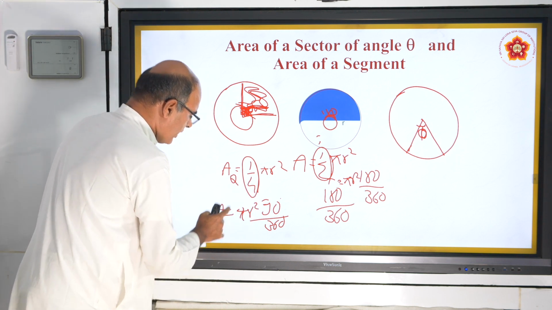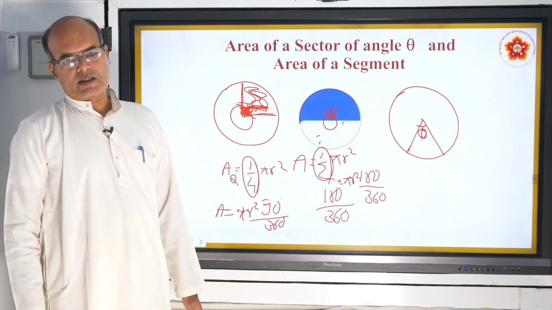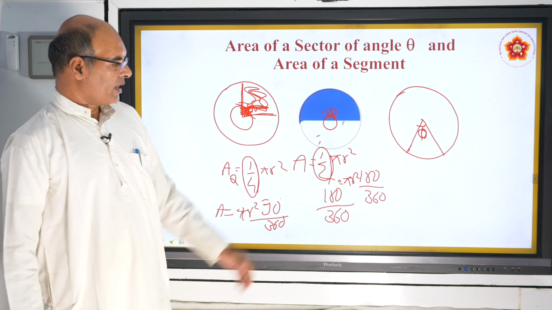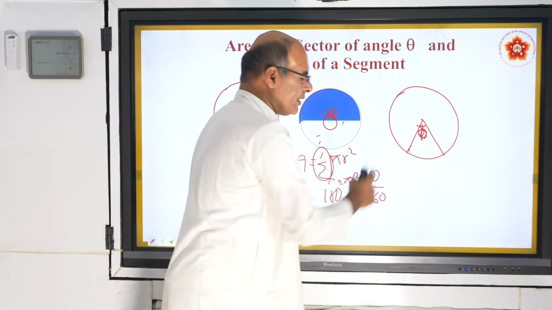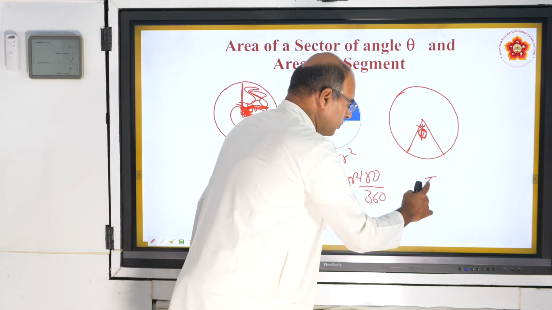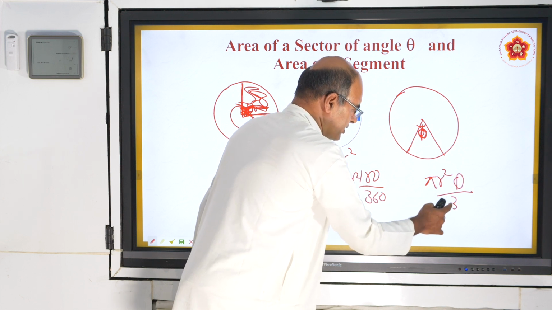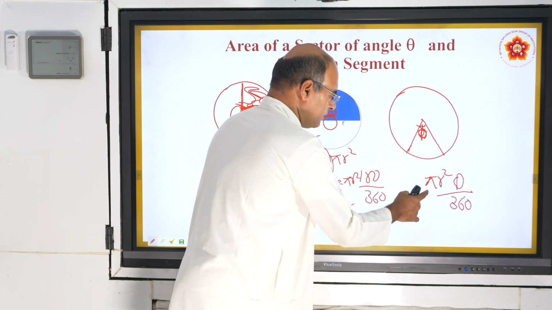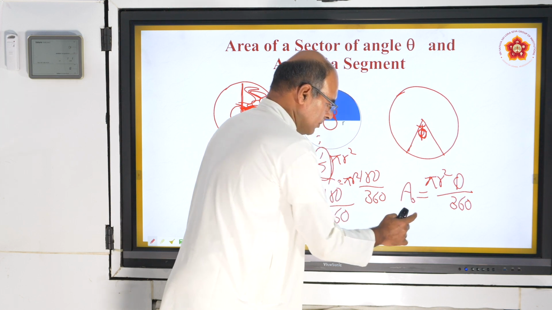So the area of this quadrant is pi r square into 90 by 360. Like that we can write the formula for the area of any sector having angle theta: pi r square into theta divided by 360. So this is the area of any sector.